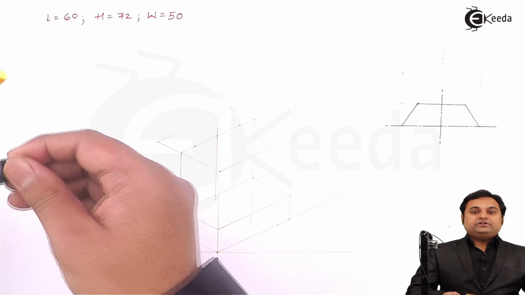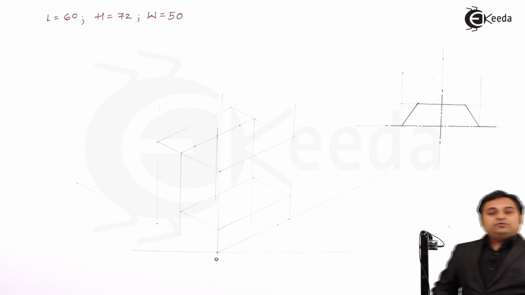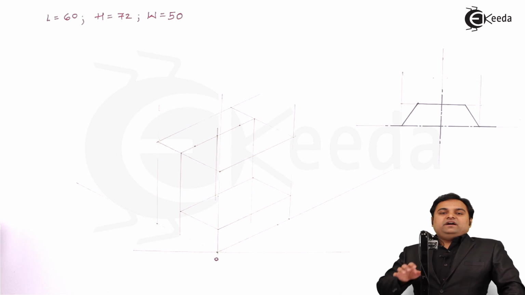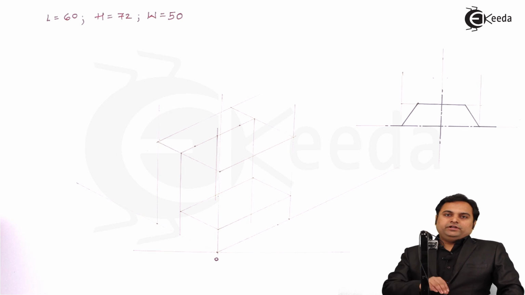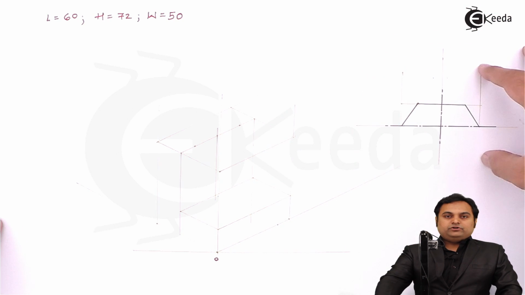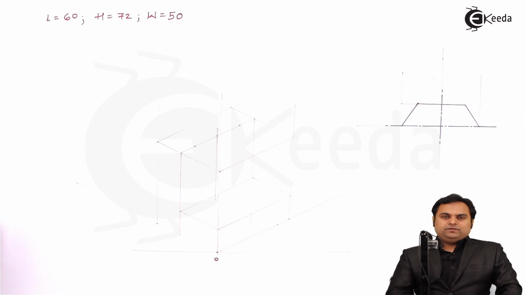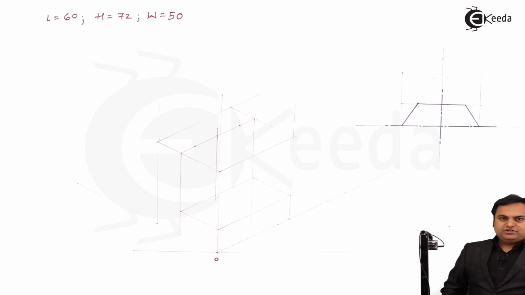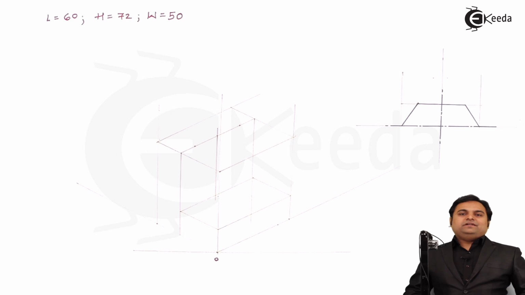So this is the method we should use in case of isometric projections. Whenever we have some angle in the drawing, we have to take that angle somewhere different from the drawing and then copy it back, because in case of isometric projections the lines are already inclined at 30 degrees.